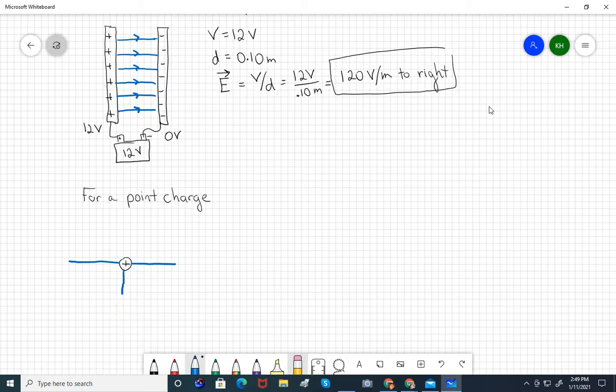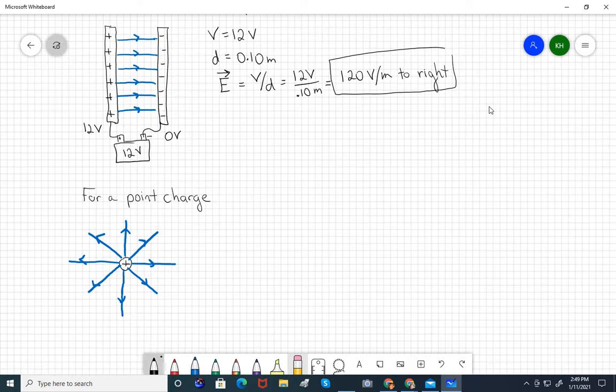I can't draw three-dimensionally, but if I could, there would of course be electric field lines also pointing out of the screen as well. But I can only draw in two dimensions. And of course, they point away. And you can see this is not uniform because as you get farther away from the charge, the electric field gets weaker, lines get farther apart.